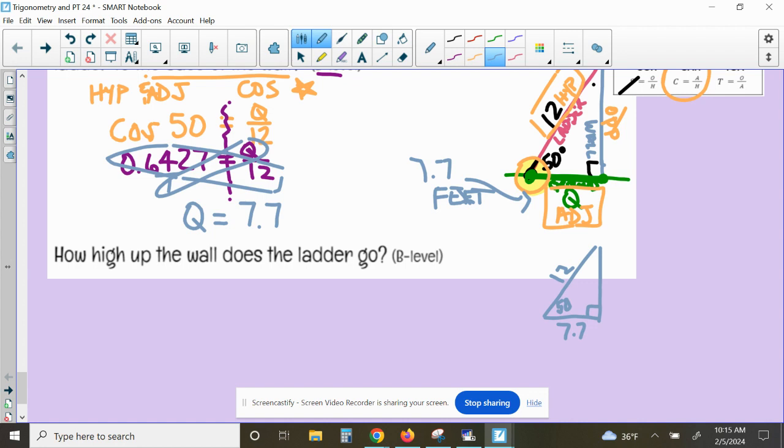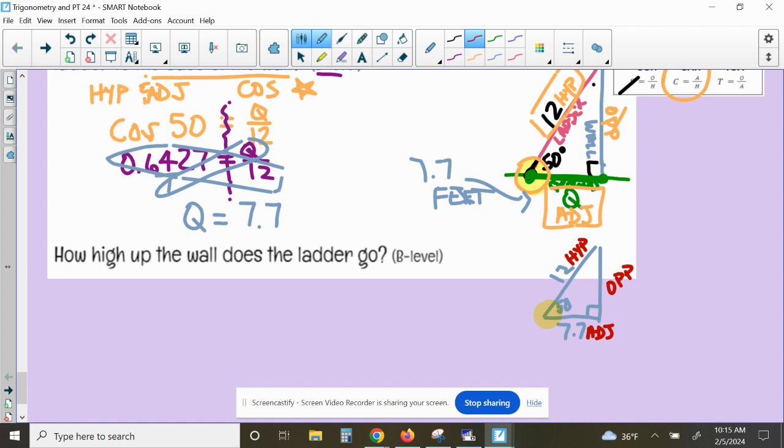So same thing. All these parts are the same, right? So that is still my angle, this is my opposite, this is my hypotenuse, and this was my adjacent. I just redrew it with my new information and less junk.